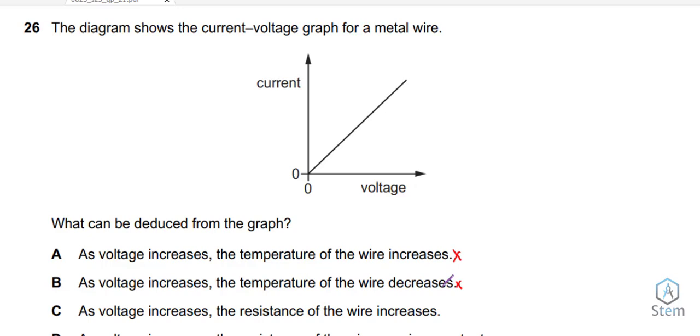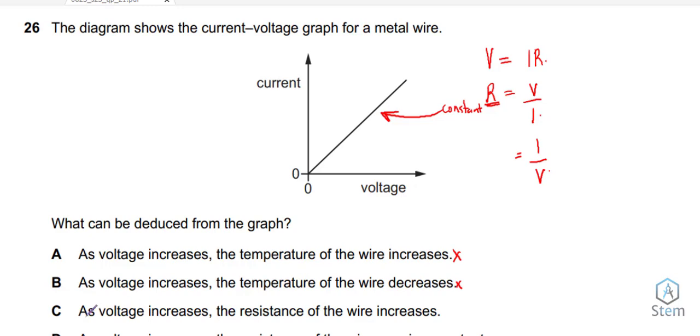As the voltage increases, the resistance of the wire increases. Let's see. From the equation V = IR, we can say R = V over I. Now, if we look at this graph, gradient is I over V. So when the gradient is constant, it means R is also constant.